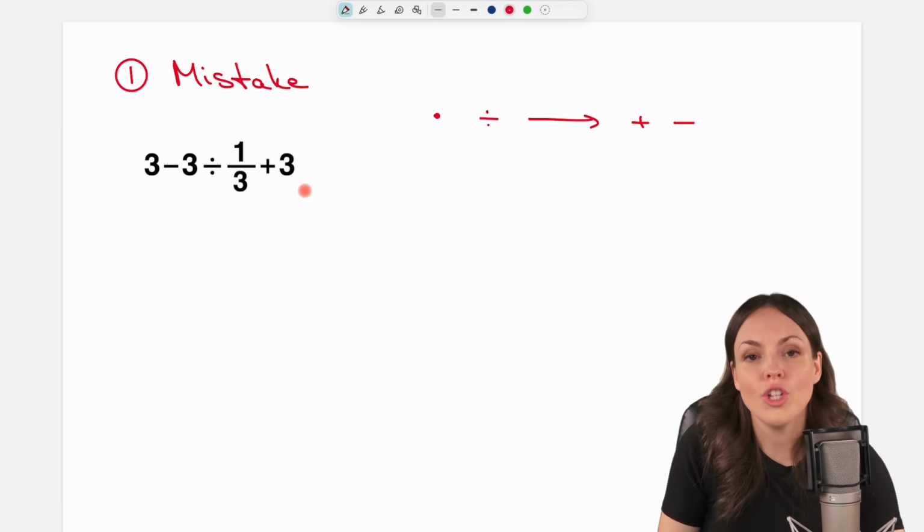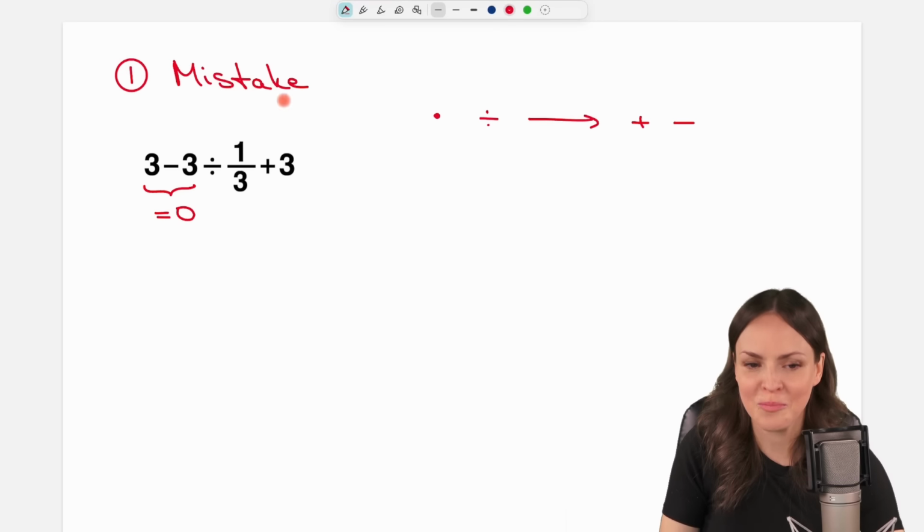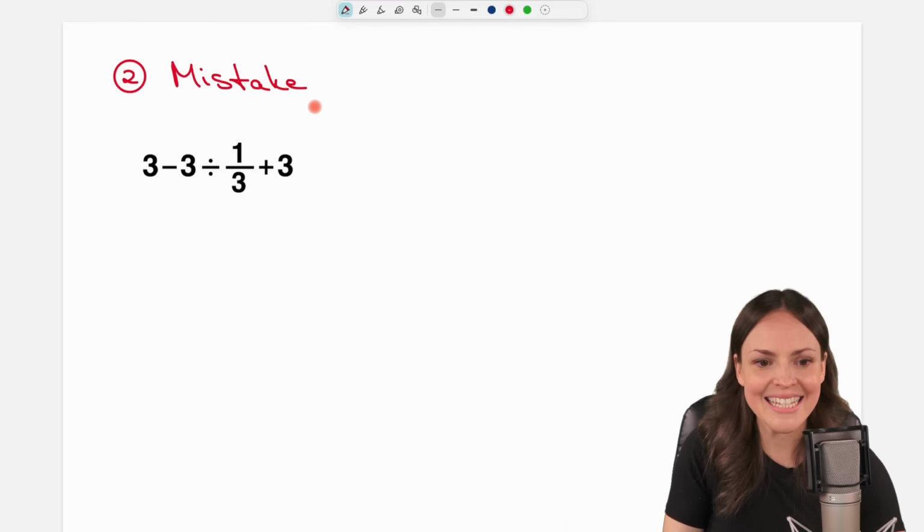So they didn't follow that, so they just started from left to right. They started here, 3 minus 3, got the result of 0, and it ended in chaos. So this was one of the most common mistakes.